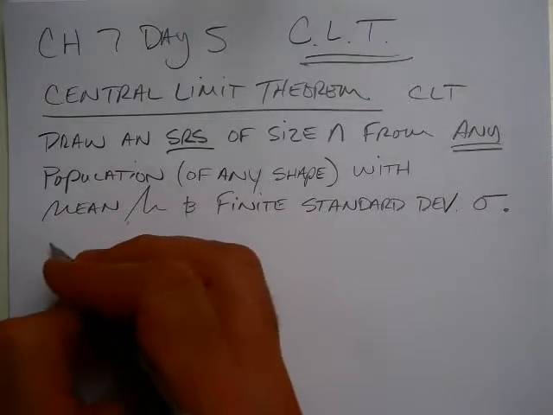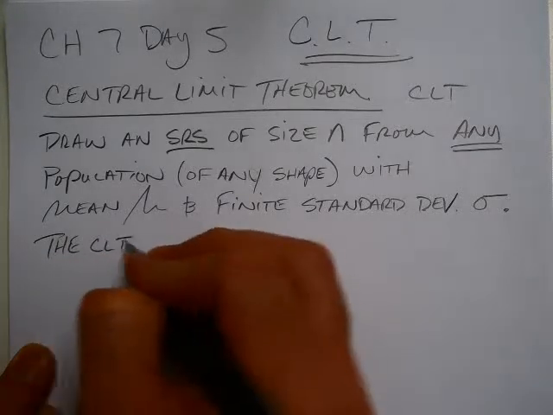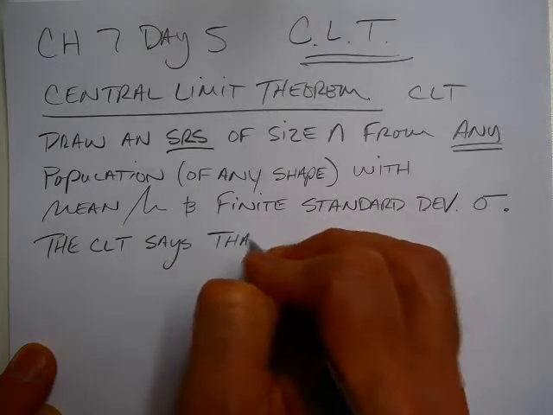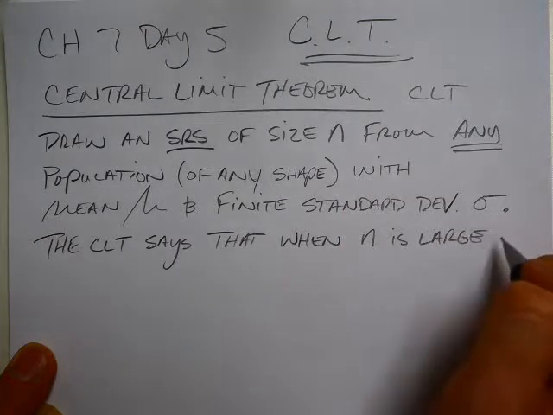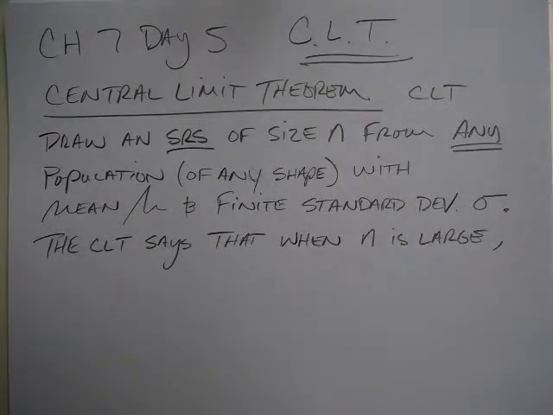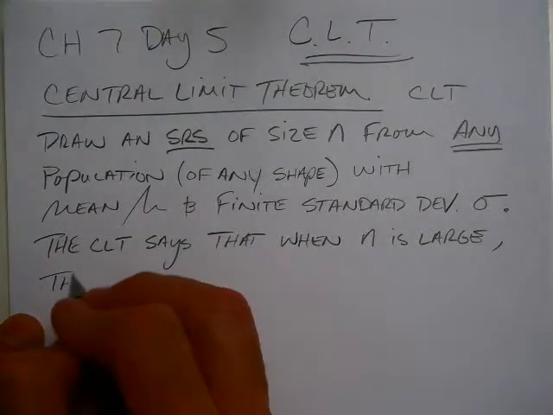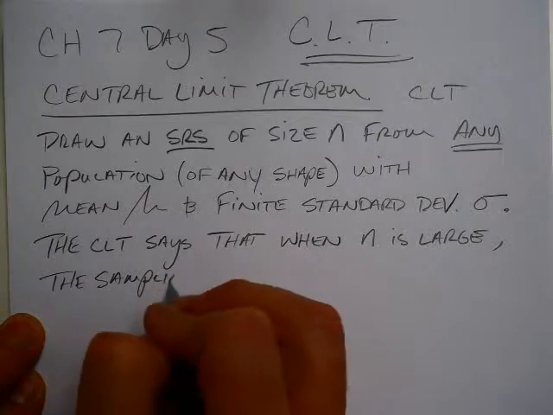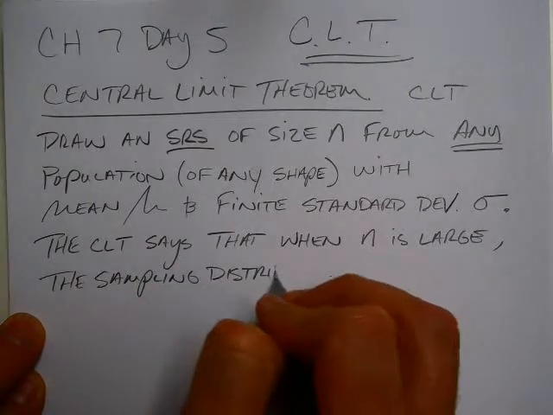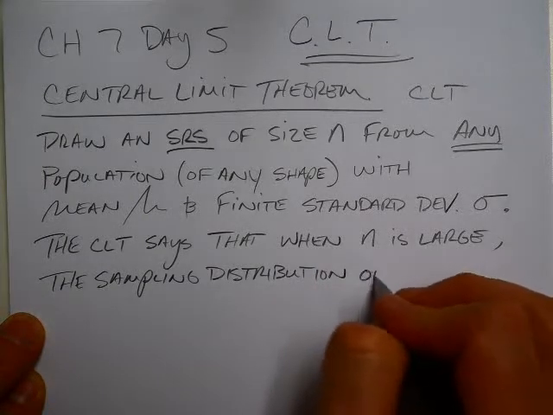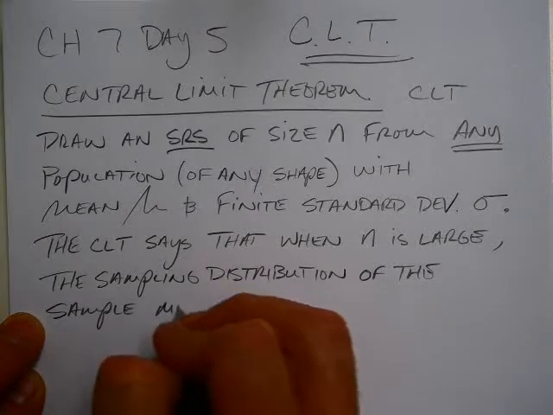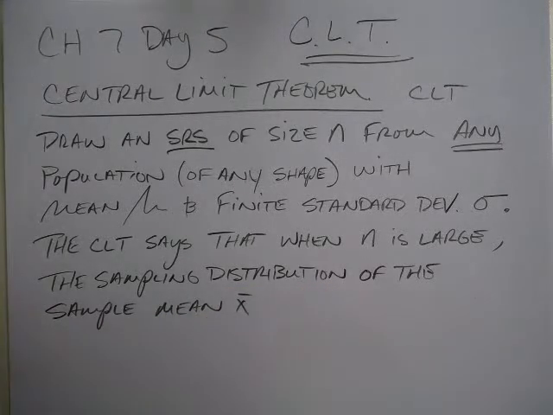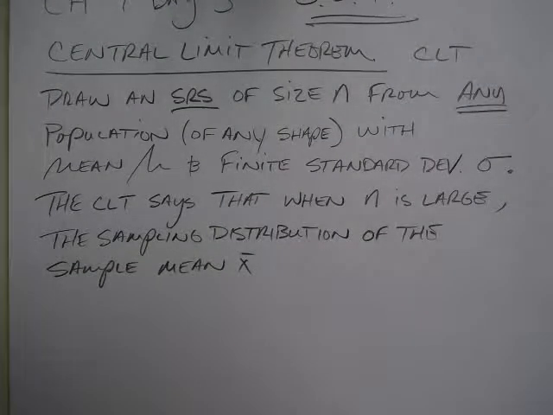The CLT says that when n is large, the sampling distribution of the sample mean, x bar, is approximately normal.